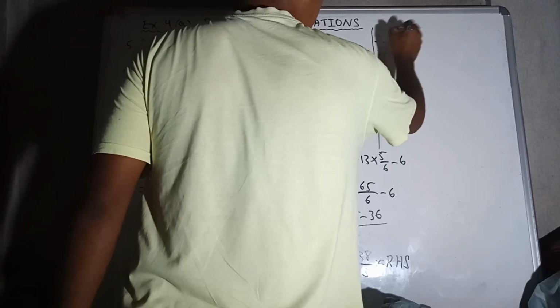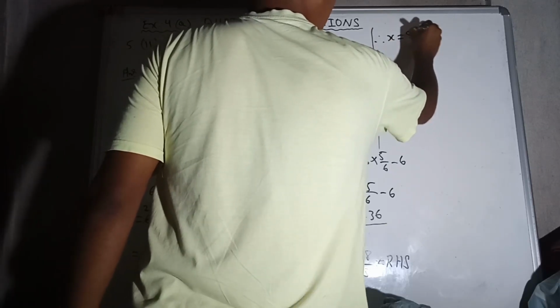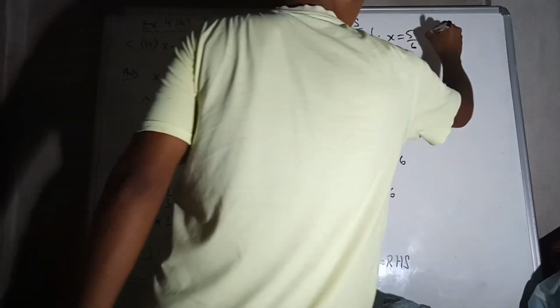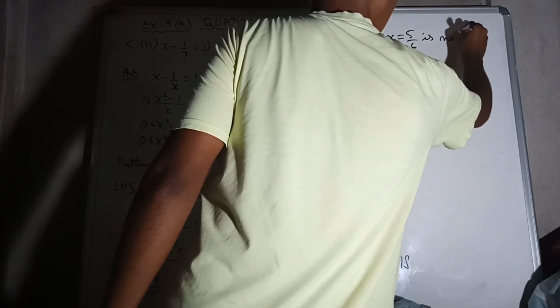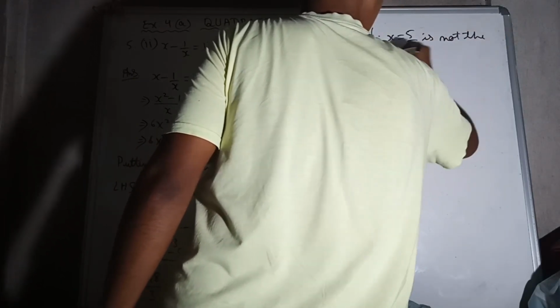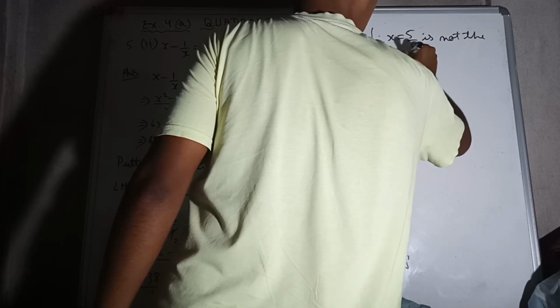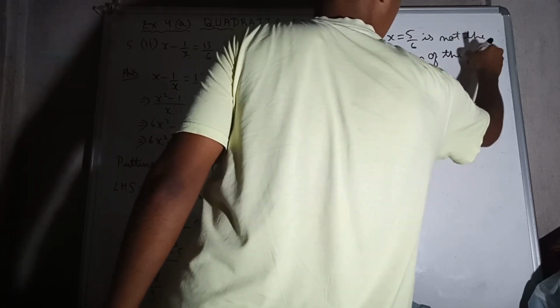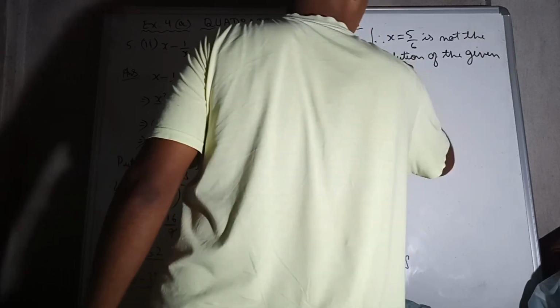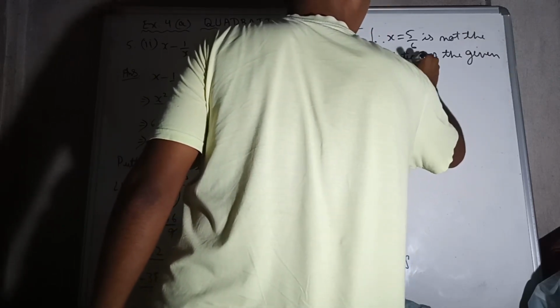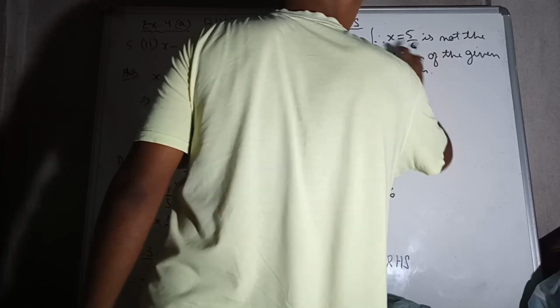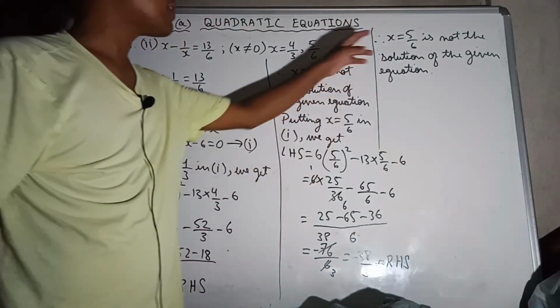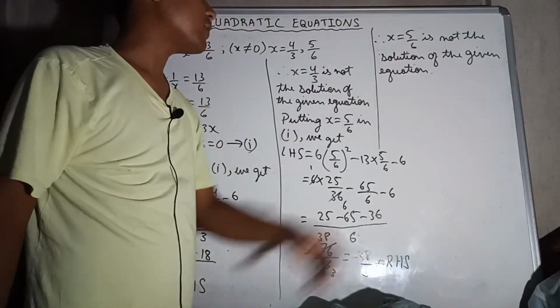Therefore, x is equal to 5 by 6 is not the solution of the given equation.